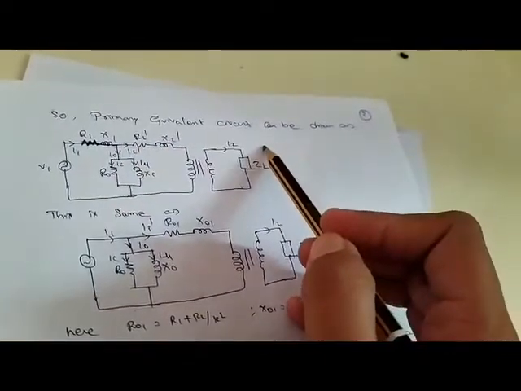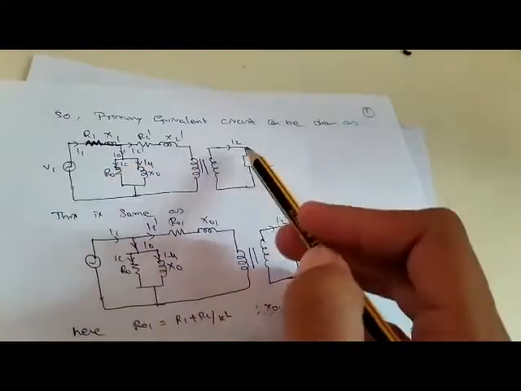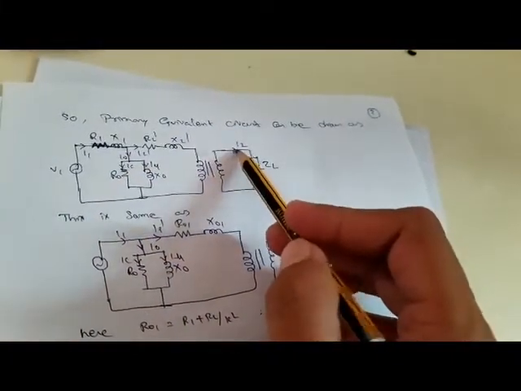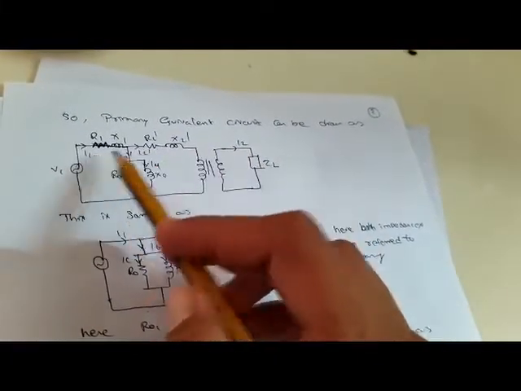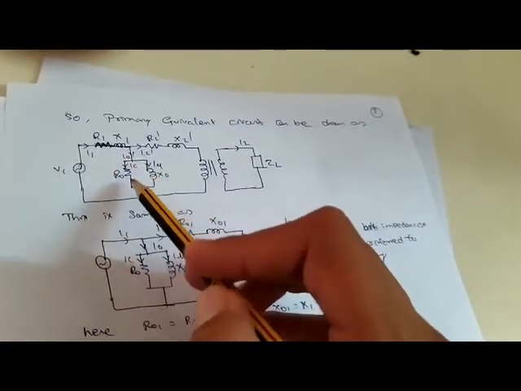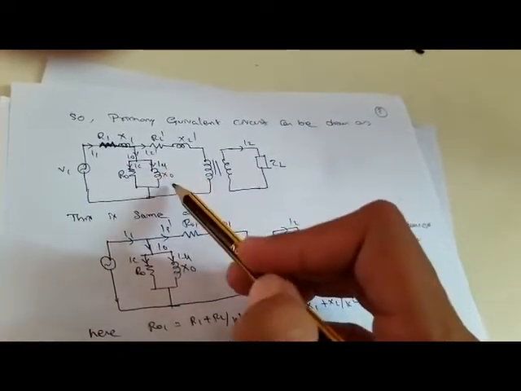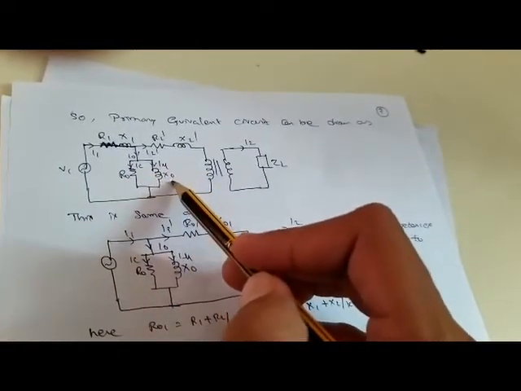After transferring from this side to this side, it becomes R2 dash, X2 dash. Now the core is as it is. The current here is I2 dash, I1, R0, X0. The current flowing here is I0. It has two parts: the core component and the magnetizing component, IC and IM, with R0 and X0.